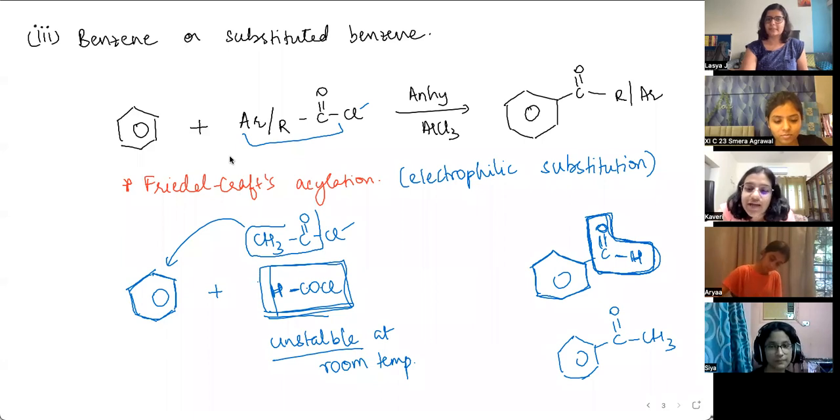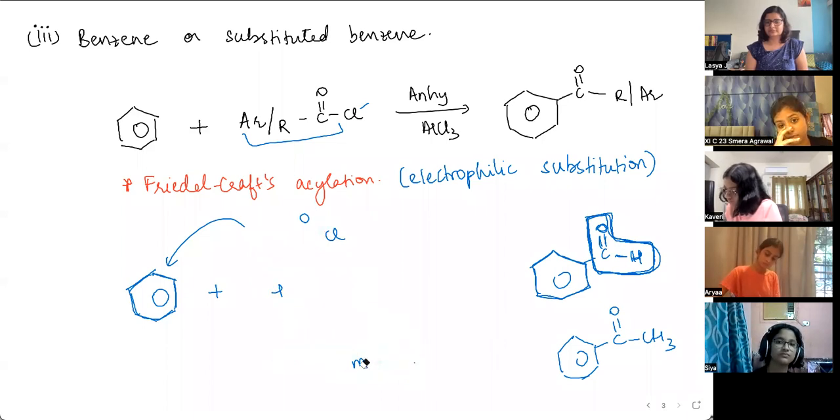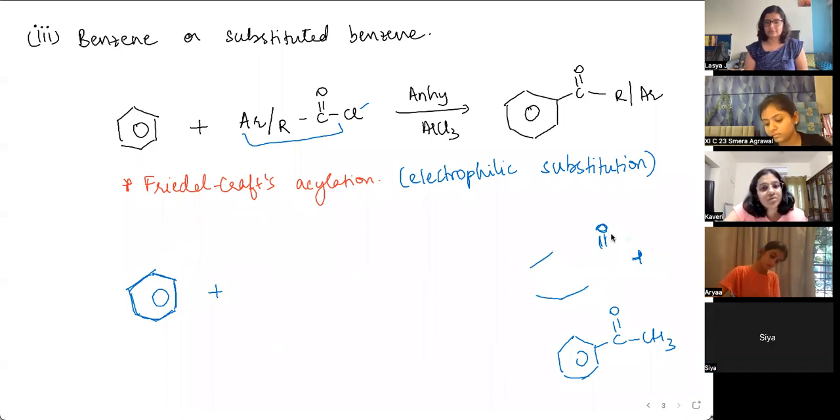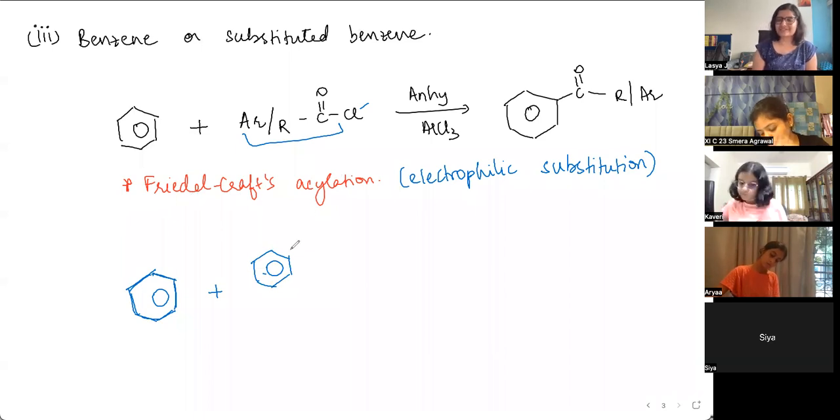What is R or AR? Either RCOCl or AR means if I put a benzene ring over here, I get acetophenone. So this substituted benzene is Friedel-Crafts only, no? Yes. It's not a new name reaction, but yes, it is the Friedel-Crafts reaction.